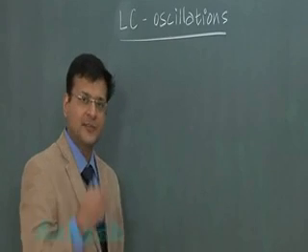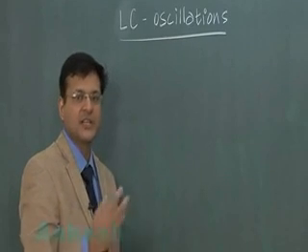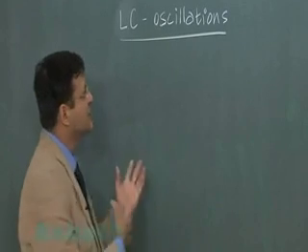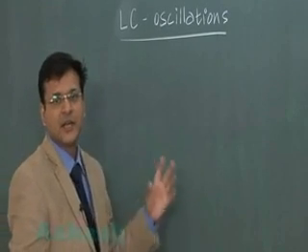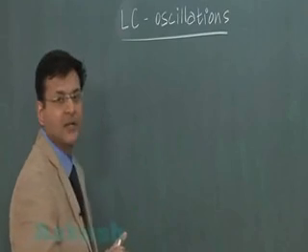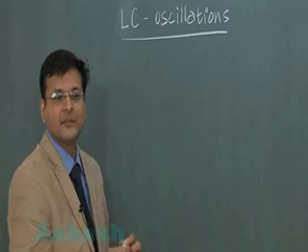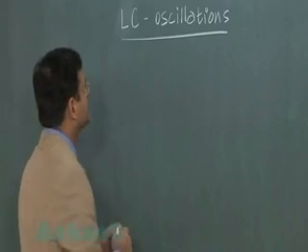Now try to think of that source, how is it creating an electromagnetic wave of some desired frequency. So this is the answer. LC oscillation is, you can say, a kind of arrangement which is used to generate an electromagnetic wave of some desired frequency.